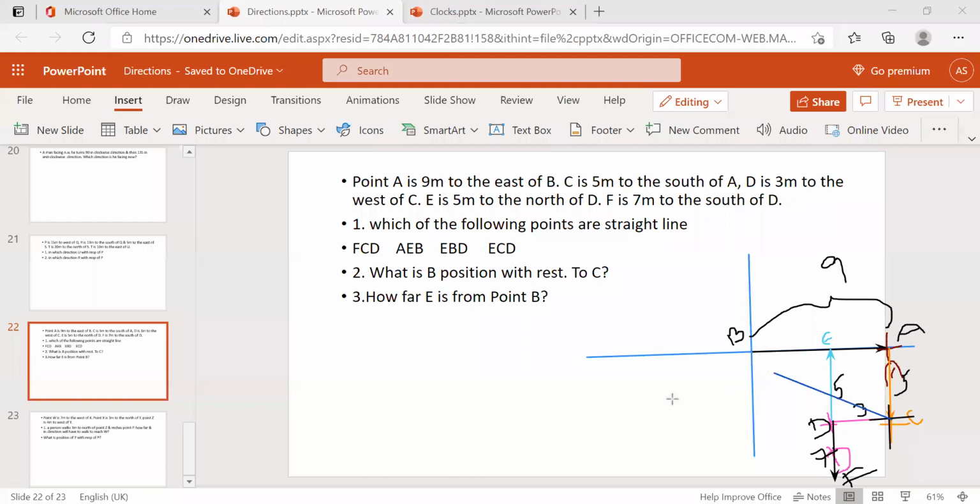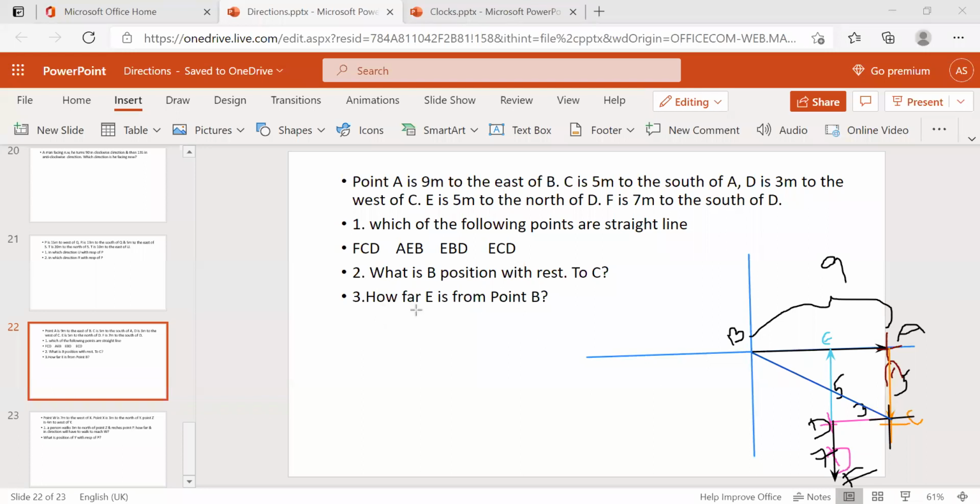Which direction is it? North, west. Okay, northwest. From C it is northwest.